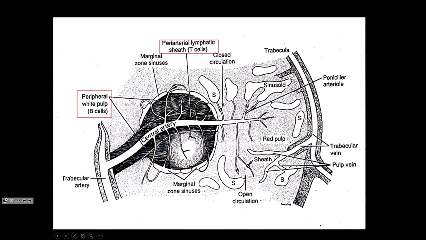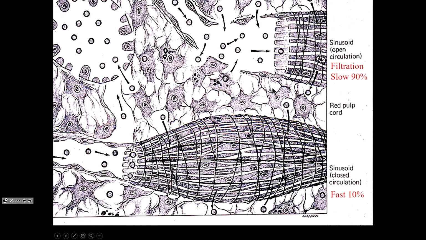So then the blood may pass back into the central artery, then back out into the sinuses and the sinusoids, where it will be examined for aging of the red blood cells. So when these red blood cells pass into these sinuses, shown here, sometimes they can pass into and out of these sinuses through slits between the adjacent endothelial cells.